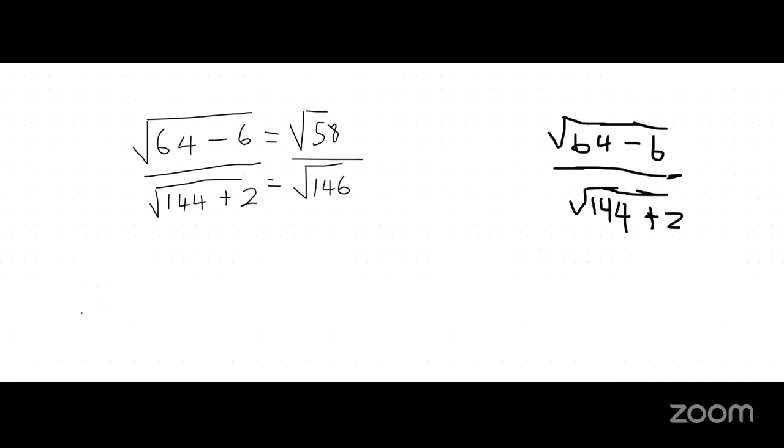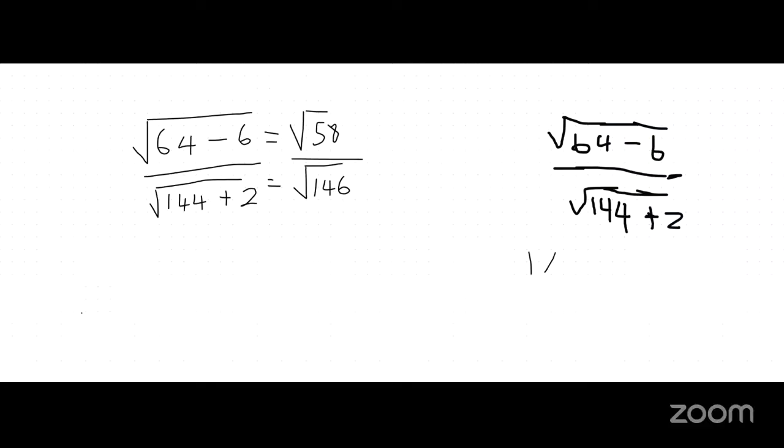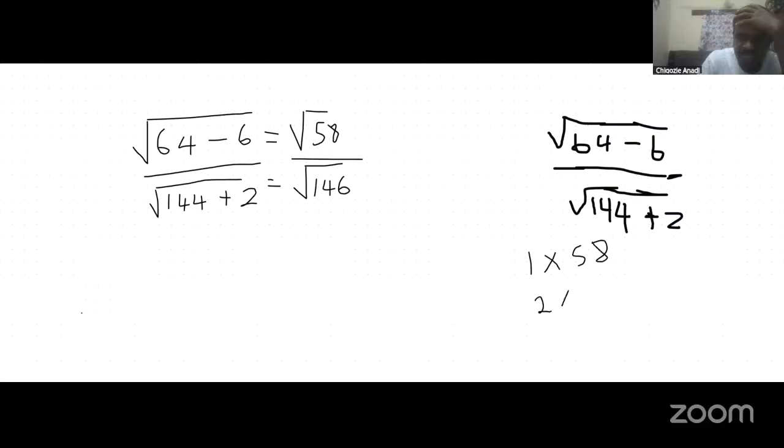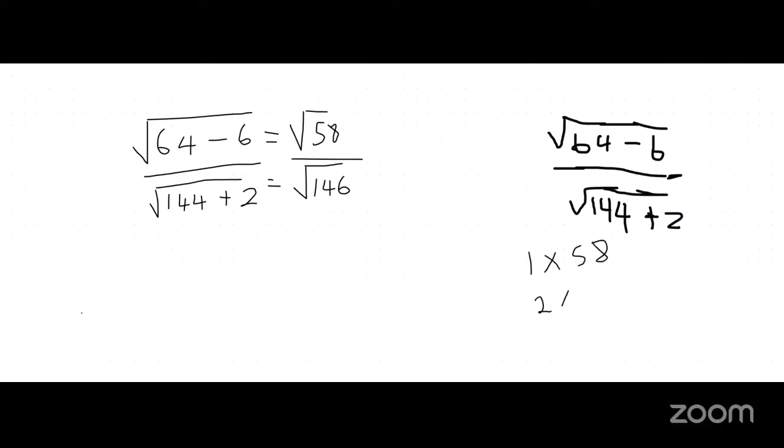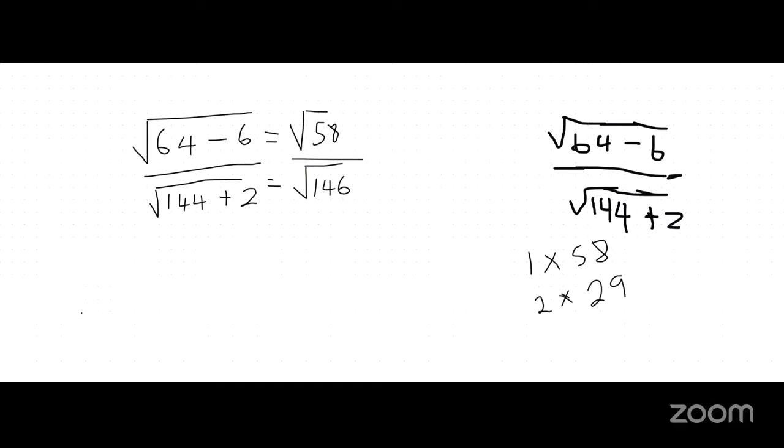Factors of 58. We have 1 times 58 as a factor. 2 is a factor: 2 times 29. So 1, 2, 29, and 58. Is 3 a factor?